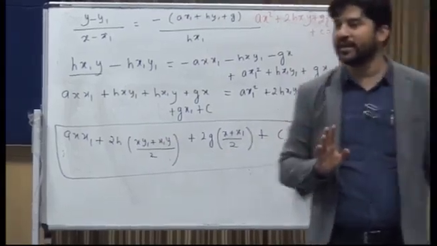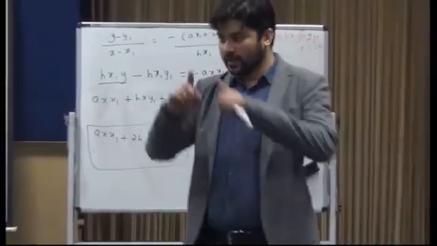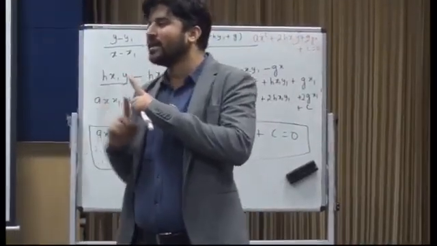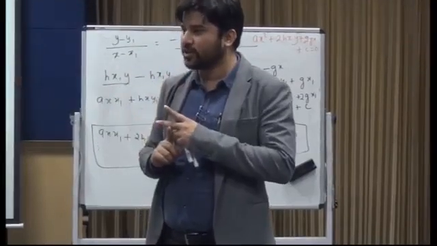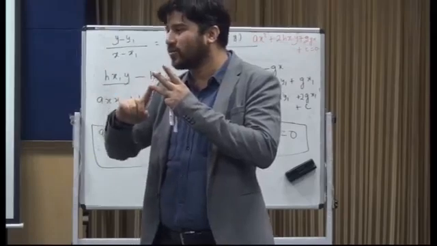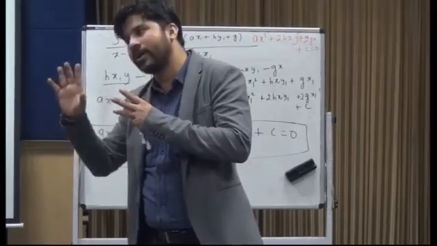Constant में कोई फर्क नहीं आया. So what are the observation you said? You said sir x square has been changed by x x1, x has been changed by x plus x1 by 2 and xy has been changed by x1y plus xy1 by 2.